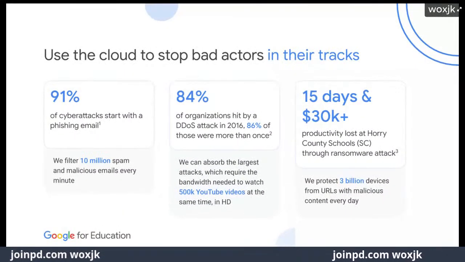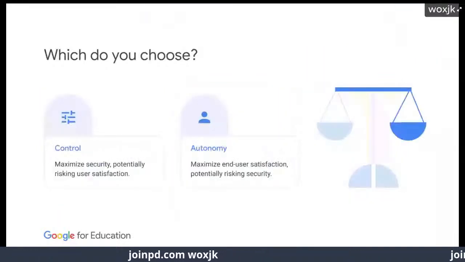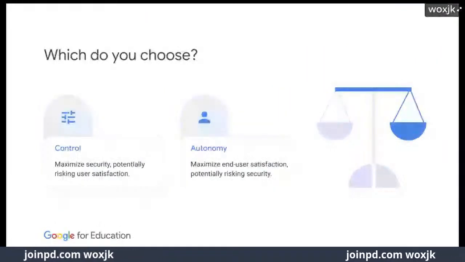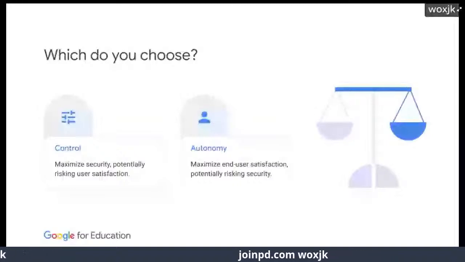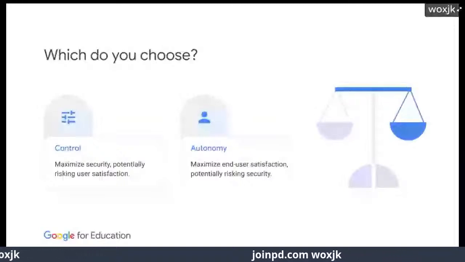So where does all this leave us? Well, we know the landscape is literally shifting beneath our feet at a rate of knots. We're seeing increased cyber attacks and threats to our security. With these security threats in mind, education institutions are faced with a tough choice between control and autonomy of their users. Do you maximize security, buttoning down, potentially at the risk of user satisfaction?